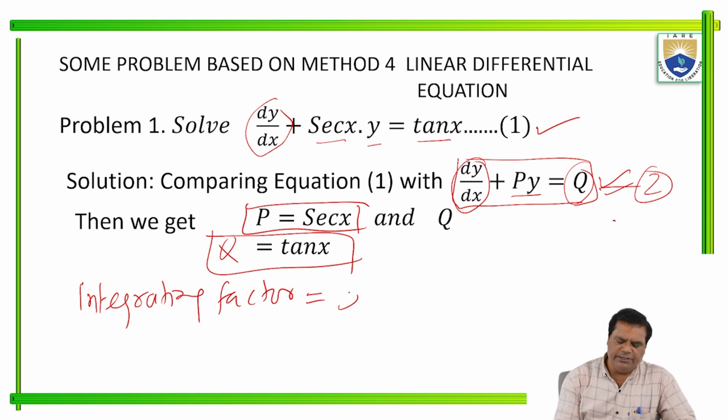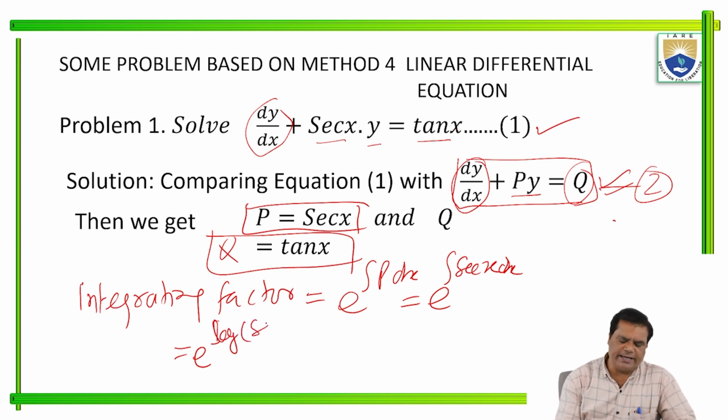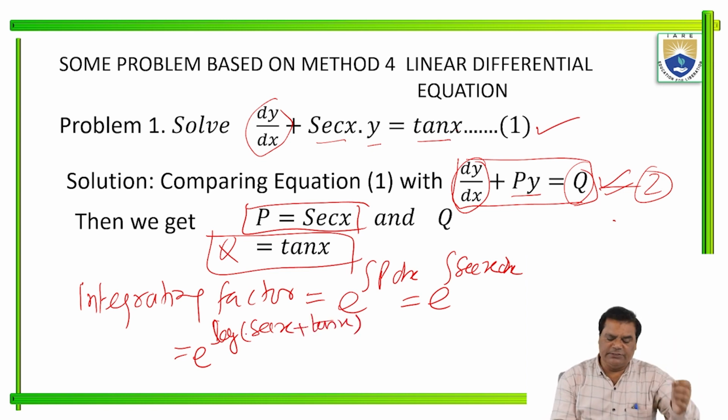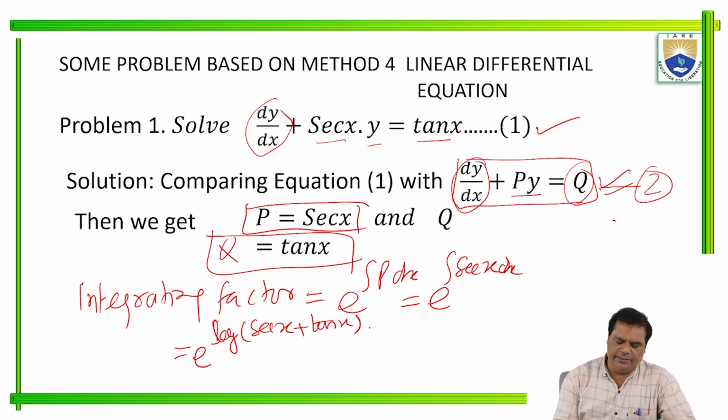So this factor is e to the power integral P dx, which equals e to the power integral of sec x dx. Integration of sec x is log of sec x plus tan x. And e to the power log, e and log are inverse to each other, so they cancel, and we get sec x plus tan x. This is the IF.